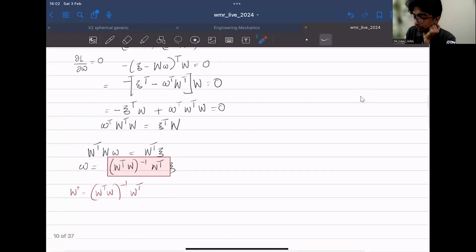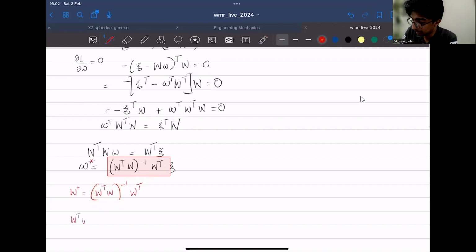What we have over here, I'll write it as omega star. This is an approximate solution of omega such that the least square error is minimized, and it is called a left pseudo inverse. In order for the left pseudo inverse to exist, the regular inverse of this term should exist. What does that mean?